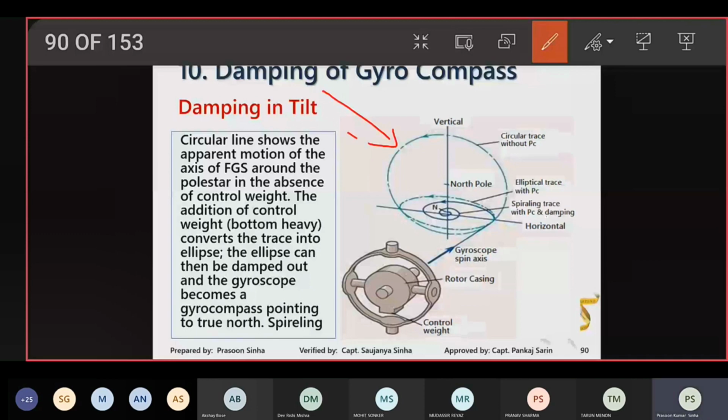Then from there it became this, elliptical oscillations. Then we applied damping. Then it became this. The elliptical oscillations started reducing and finally settling down, pointing to north.